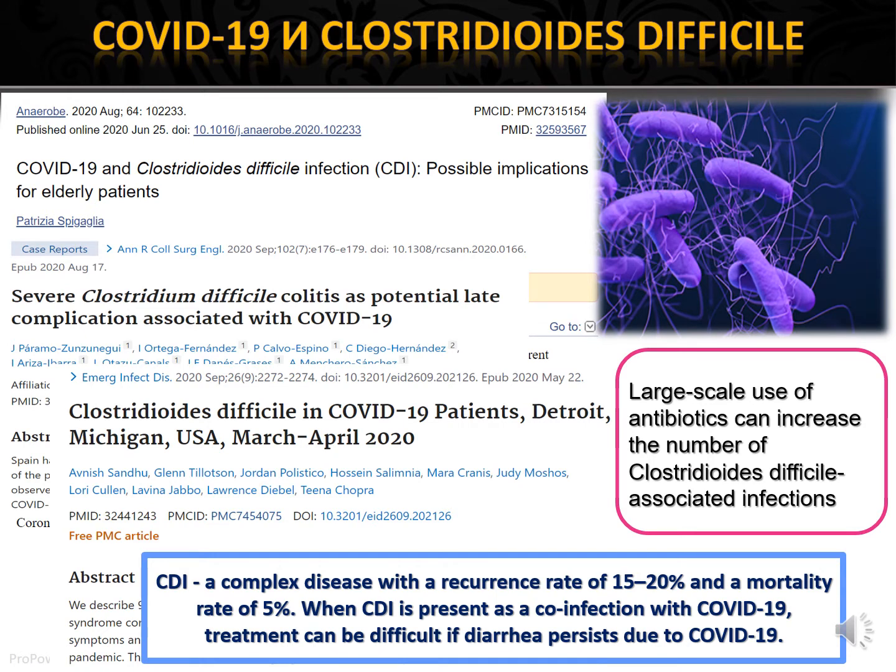But when we describe the usage of different antibiotics, you should remember that in this situation you may meet problems like Clostridioides difficile infection in your patient, because large-scale use of antibiotics can increase the number of Clostridioides difficile associated infections.